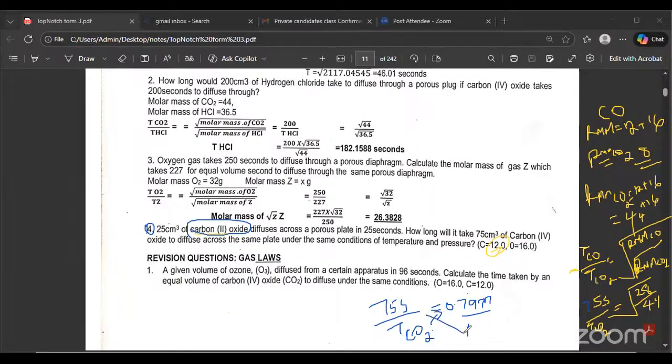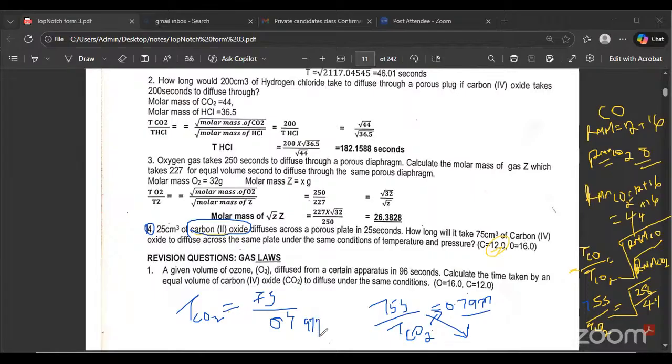So you'll find that the answer of time for CO2, I don't know if I'm answering the question, how long will it take? So we're answering the time only. The CO2 is equivalent to 75 seconds over 0.7977.